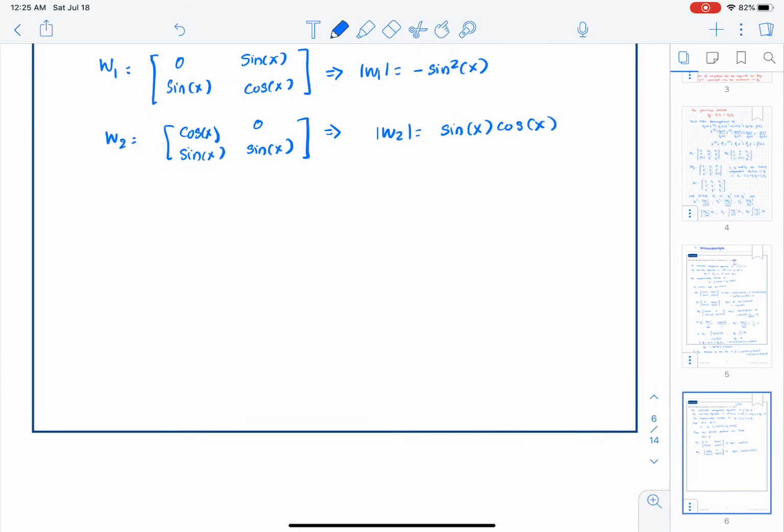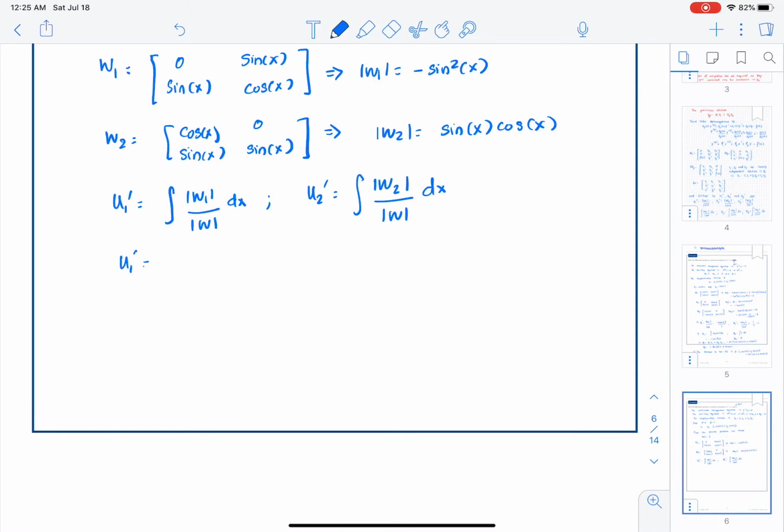Now we have to integrate, so u1 prime is simply the determinant of w1 divided by the determinant of w dx, u2 prime integral determinant of w2 divided by the determinant of w dx.